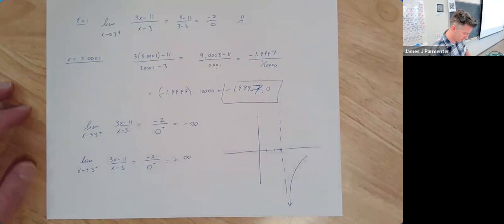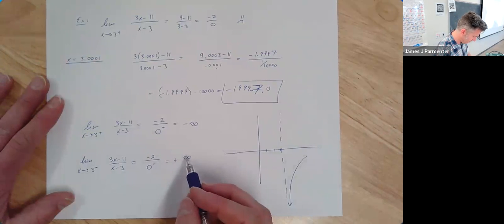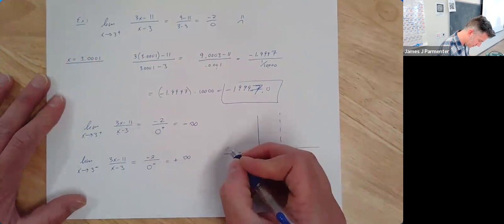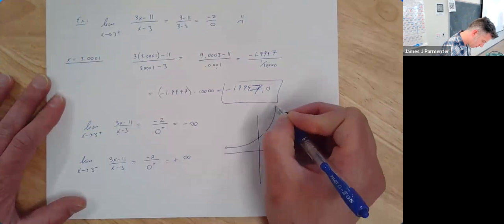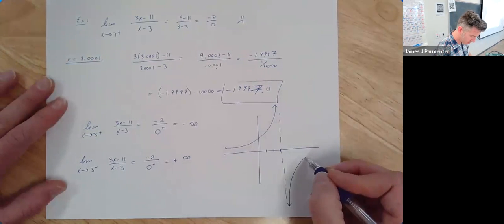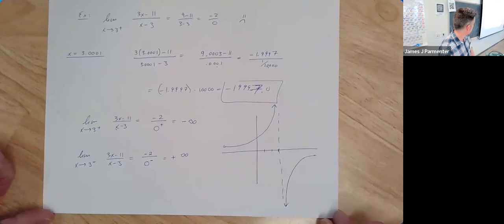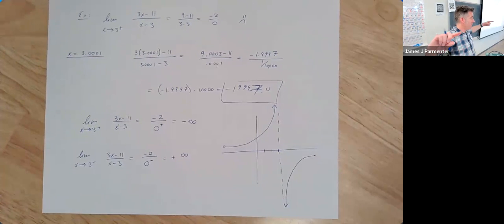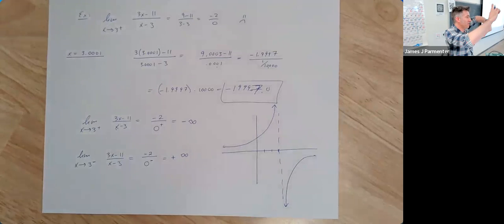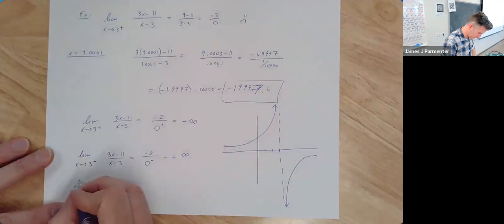And as we approach 3 from the left, our function gets positively large and we go up like this. Vertical asymptote. I will also mention here, if they say what's the limit as x approaches 3 in general, well, if the two limits are not getting close to the same thing, even if that thing is infinity, we said the limit does not exist.